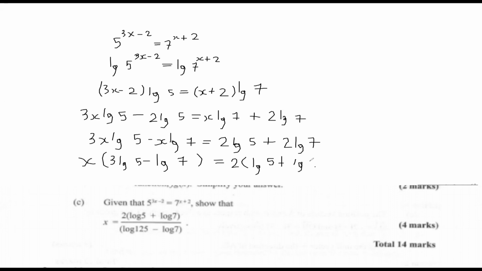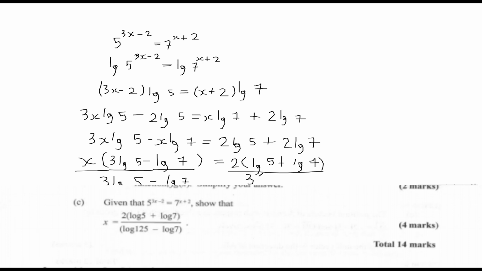In order to make x the subject now, all we need to do is divide both sides by 3 log 5 minus log 7. Nice and easy. And now we know what x is, because this cancels this.